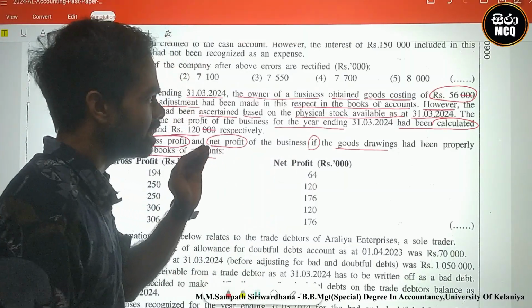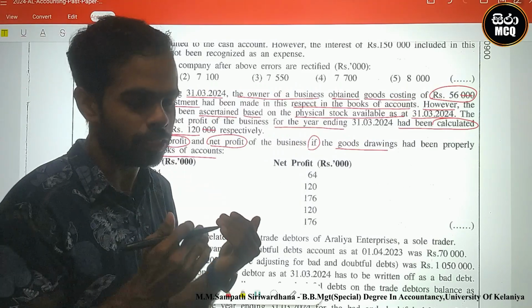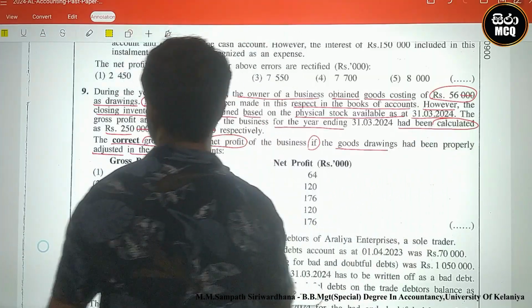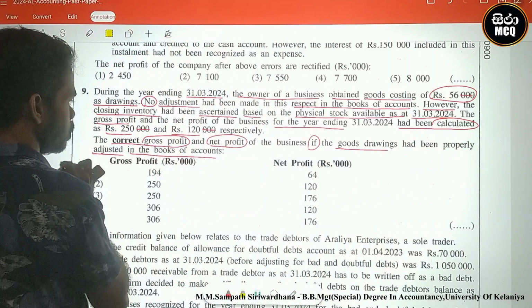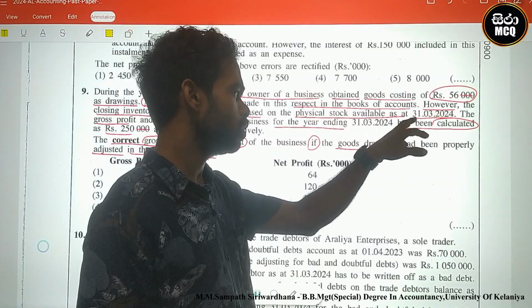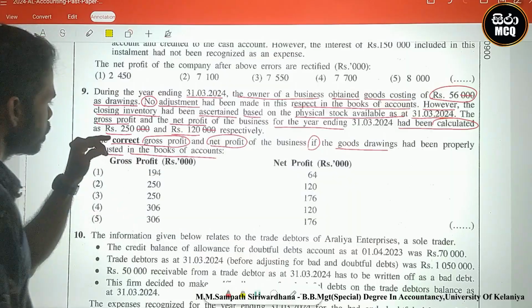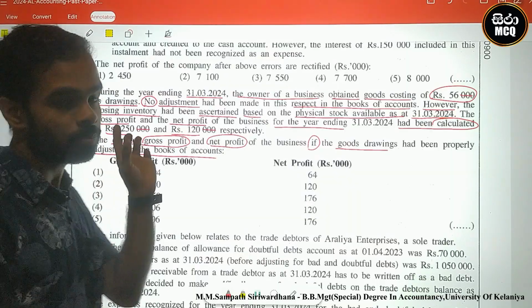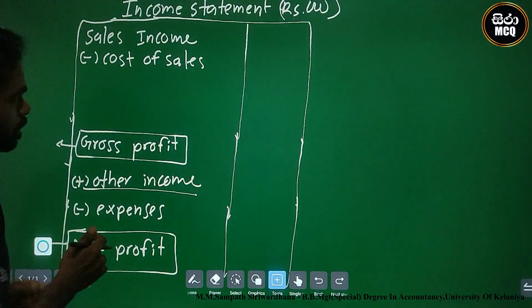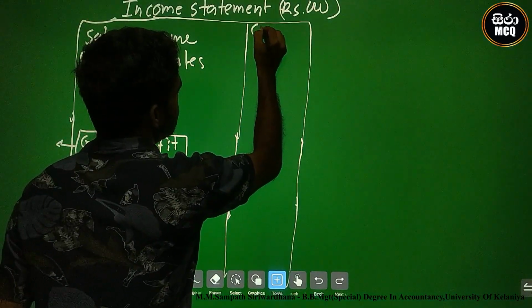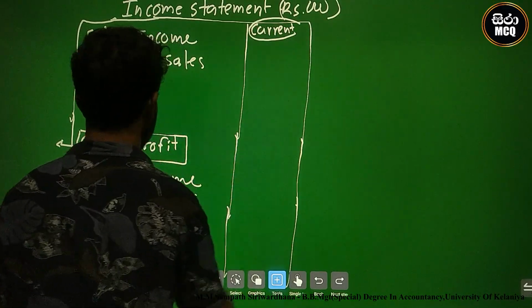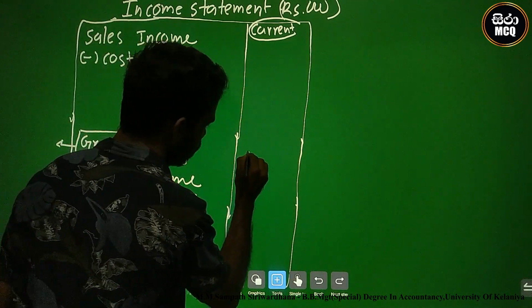In that case, there is a calculated gross profit and calculated net profit. Firstly, gross profit is 250.